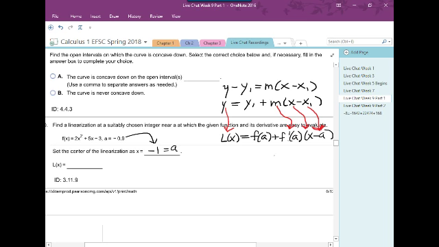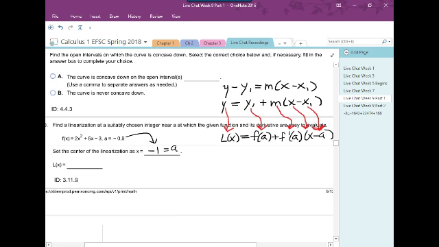Remember, derivative is slope, so it's the derivative at a. And then this is the y value at a from the original function. Okay, so this is really just the point slope form of the line, but we're looking at the point a, f of a, and we're using the slope that is the derivative at a.